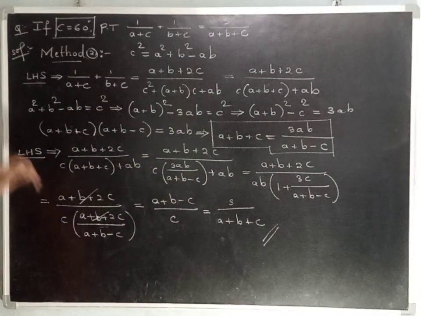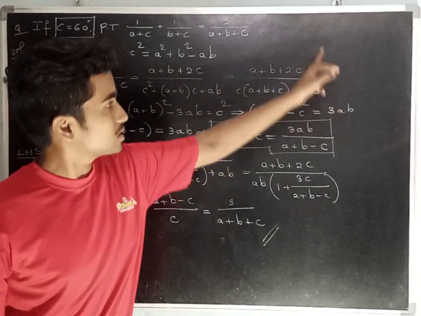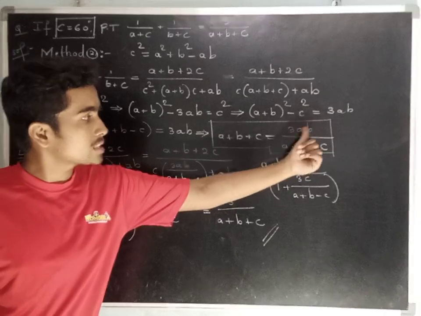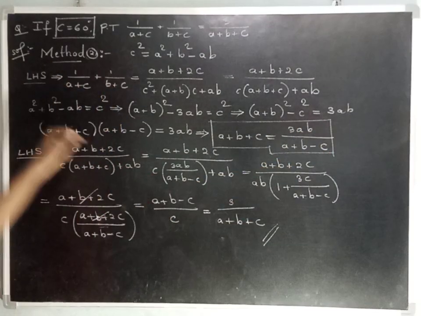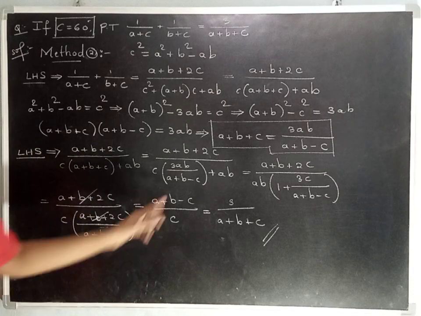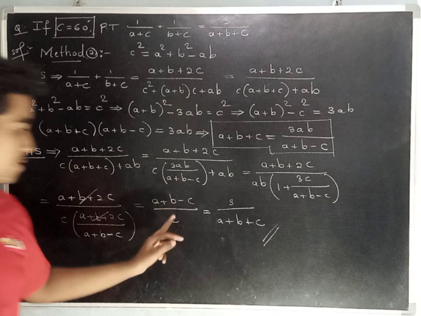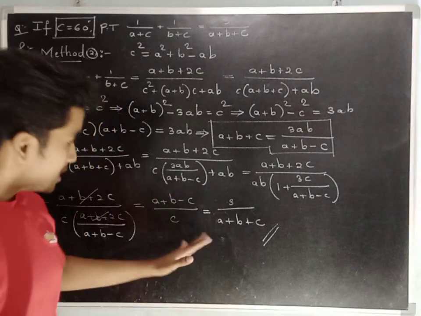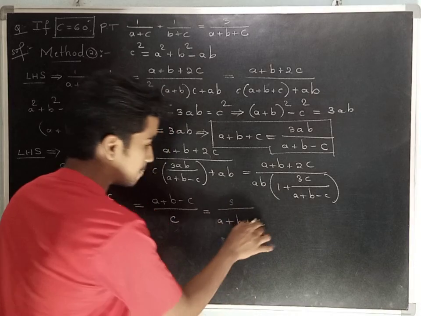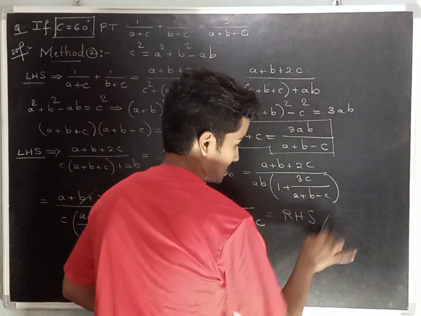In the second method, I directly simplified this LHS, and from that I found a plus b plus c value as 3ab by a plus b minus c from the cosine rule. Finally, I substituted here. On further simplifying, I got a plus b minus c by c. From here, the same first method procedure is repeated, which proves that 3 by a plus b plus c is the answer, which is nothing but the RHS.